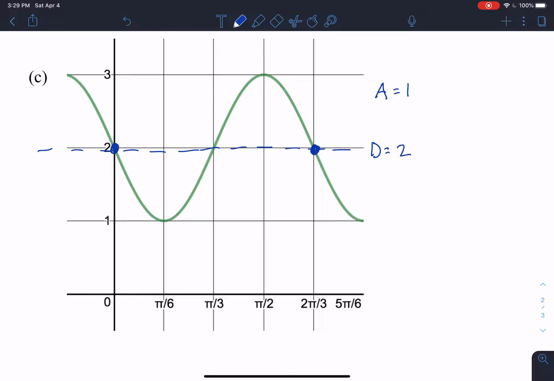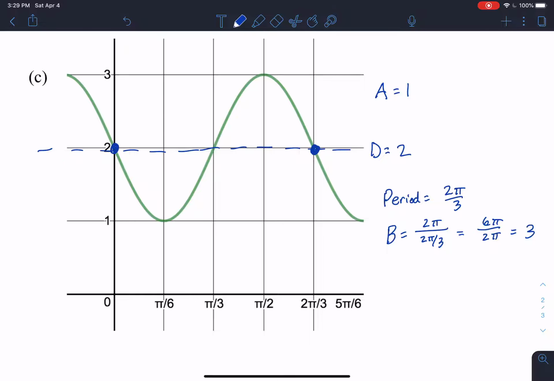So my period would be 2 pi over 3. So the value for b now is going to be 2 pi divided by 2 pi over 3, which is 6 pi over 2 pi, or just 3.